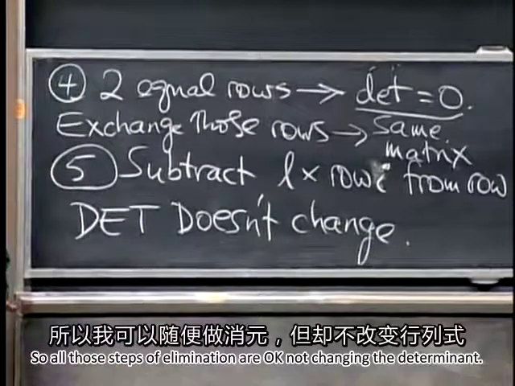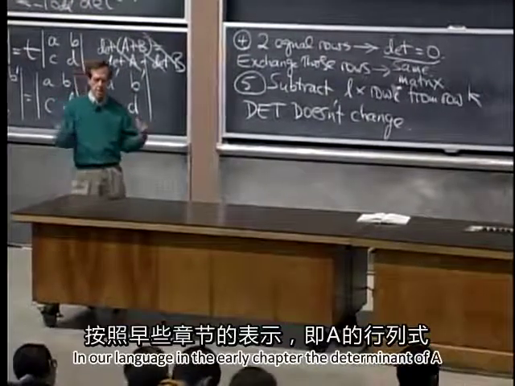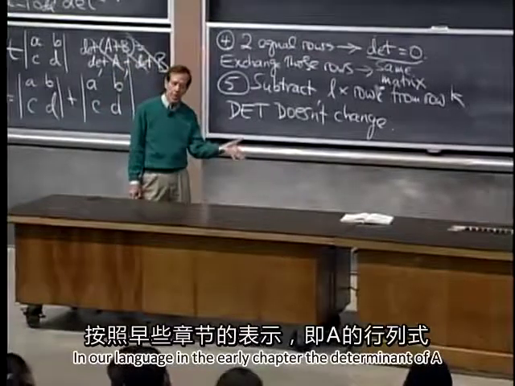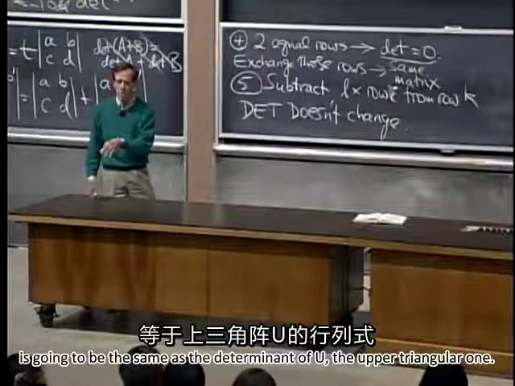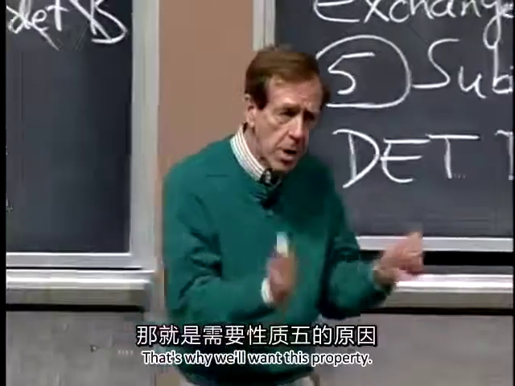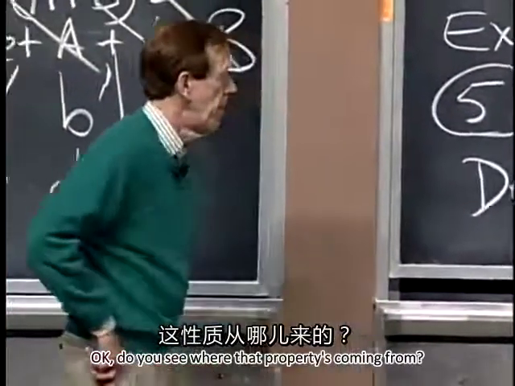So all those steps of elimination are okay, not changing the determinant. In our language in the early chapter, the determinant of A is going to be the same as the determinant of U, the upper triangular one, that just has the pivots on the diagonal. That's why we'll want this property. Okay, do you see where that property is coming from?